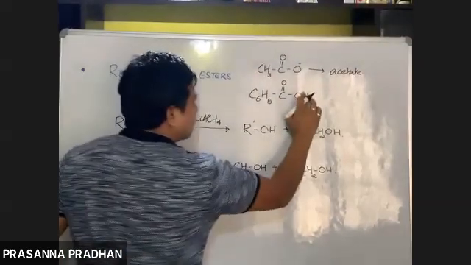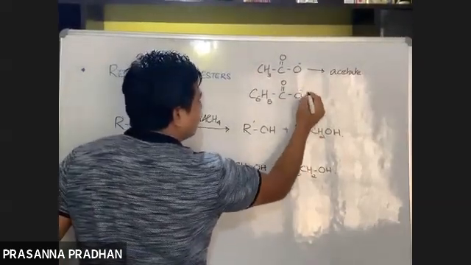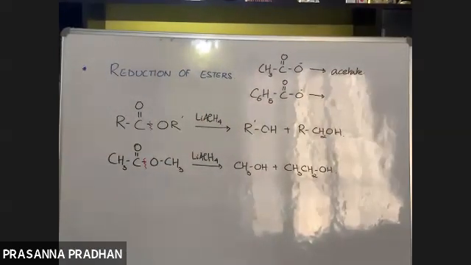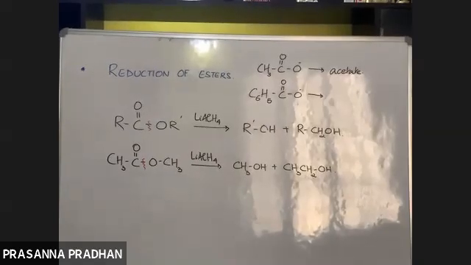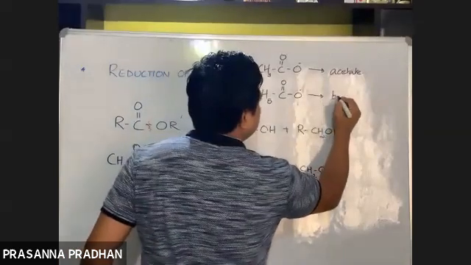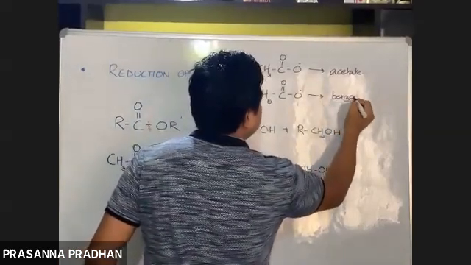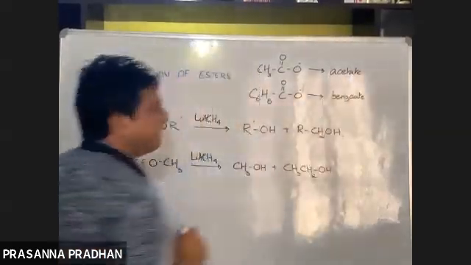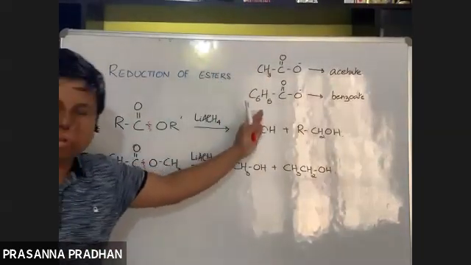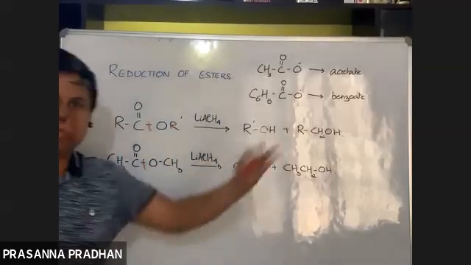After the loss of a proton, what is this fragment known as? The anion of acetic acid is acetate. The anion of benzoic acid, what do we call it? We call it benzoate. The anion of formic acid is formate.